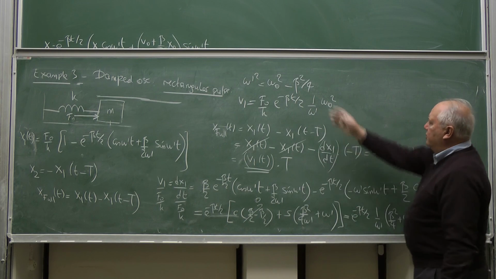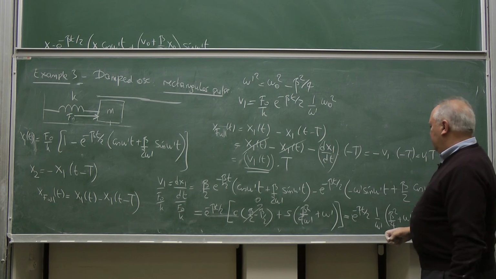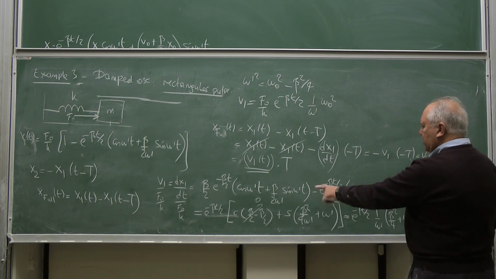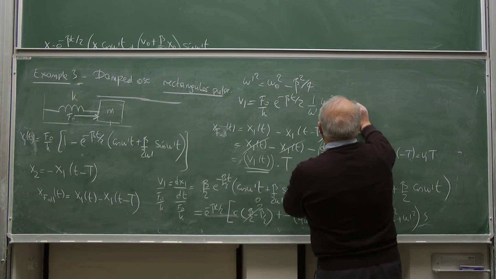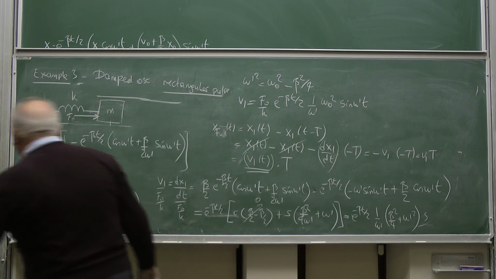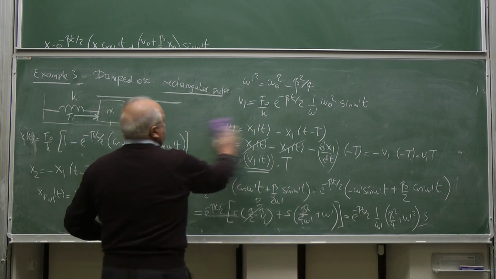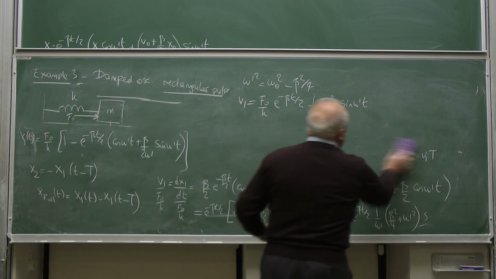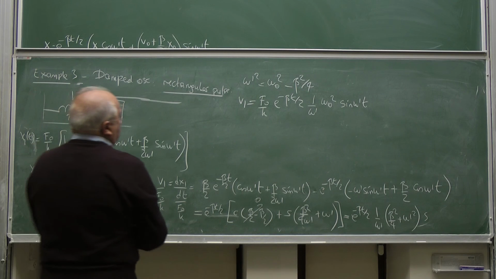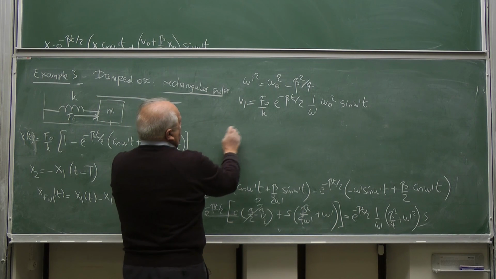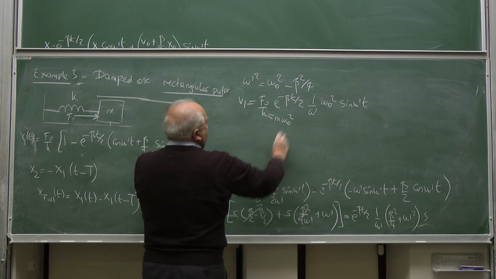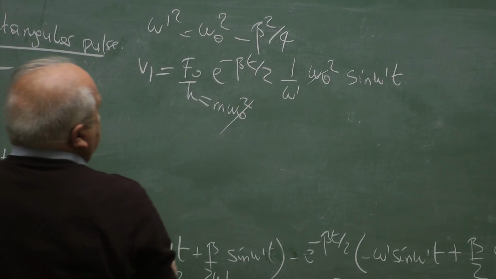So beta squared over 4 is cancelled, leaving me with omega 0 squared times sine omega prime t. Okay, now I will erase this part. Let us also remember that k is m omega 0 squared, so omega 0 squared cancels.